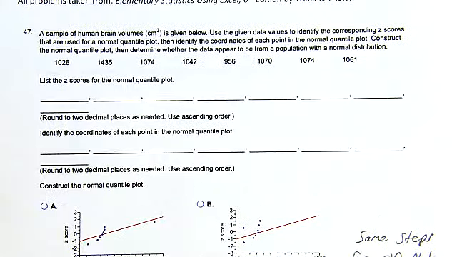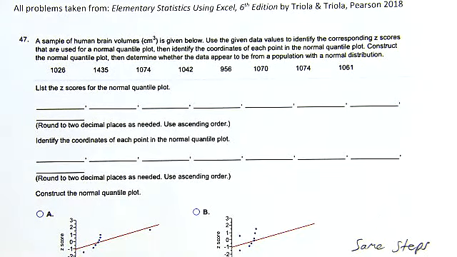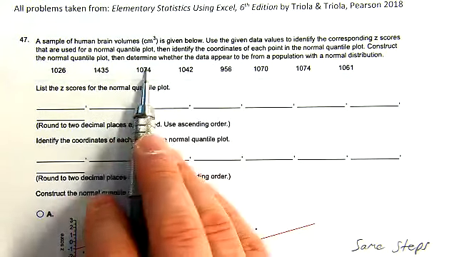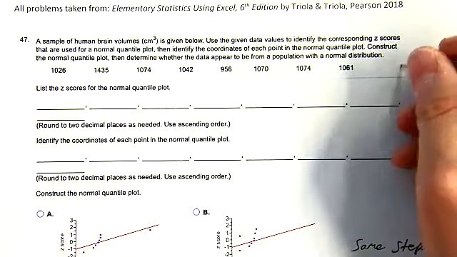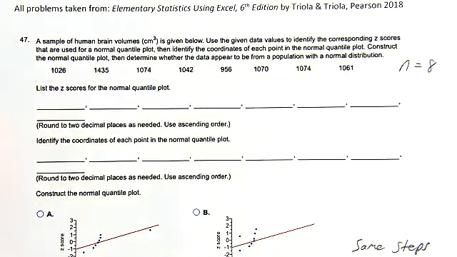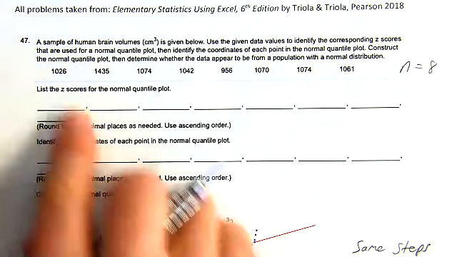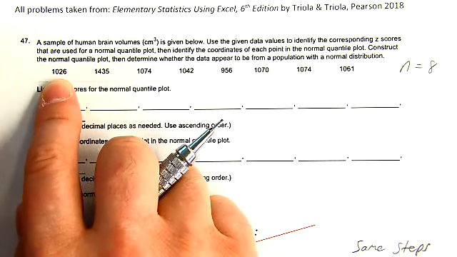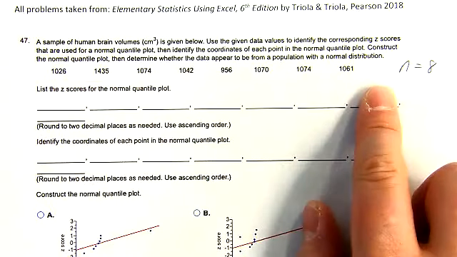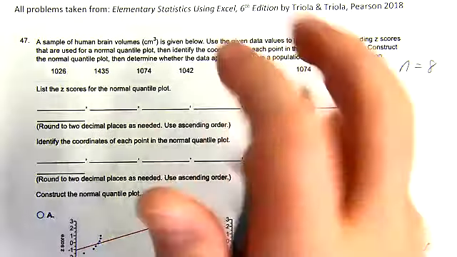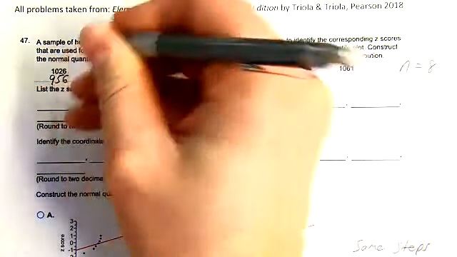The first thing we have to know is how many numbers do we have? 1, 2, 3, 4, 5, 6, 7, 8. So n is 8. Then the second thing is we have to put these numbers in order from lowest to biggest. So I see 956 first.